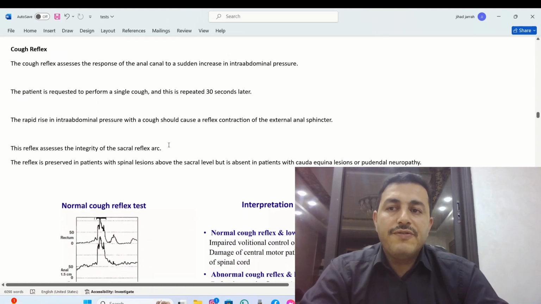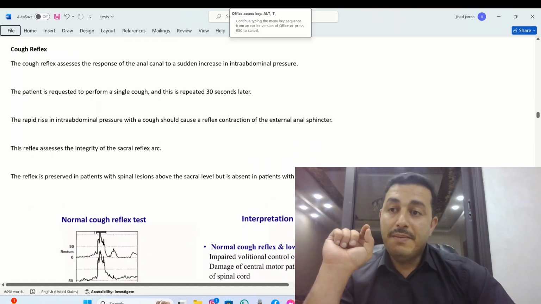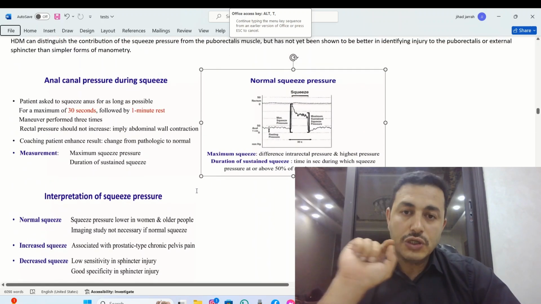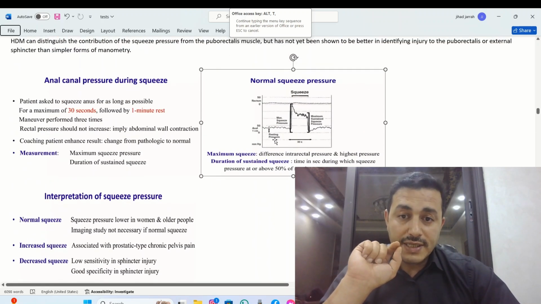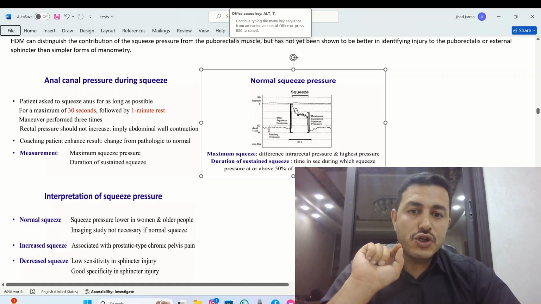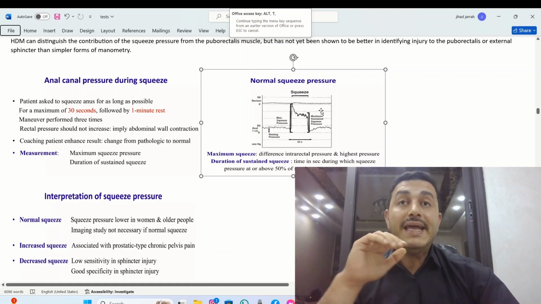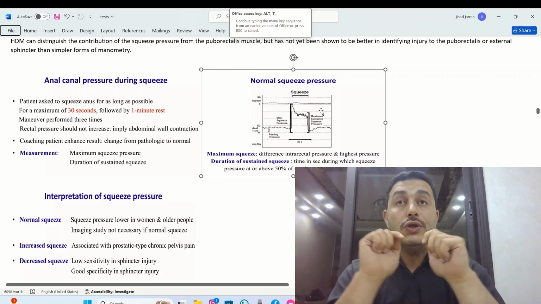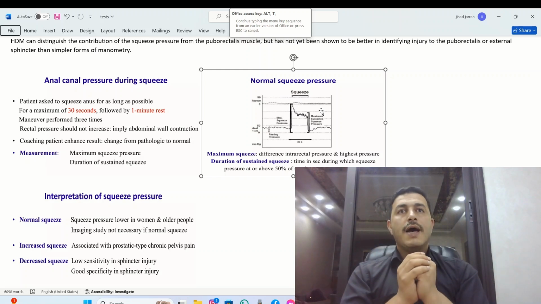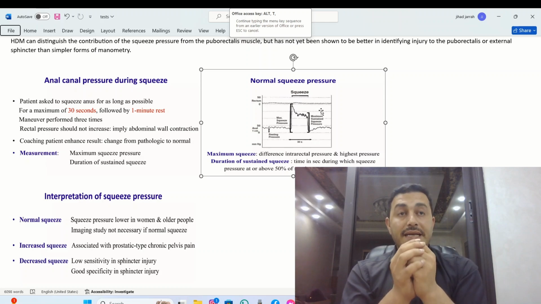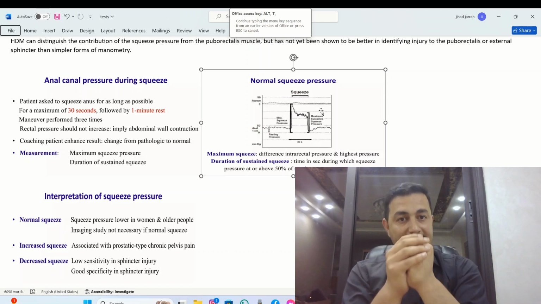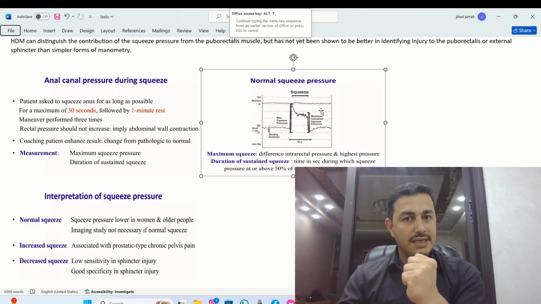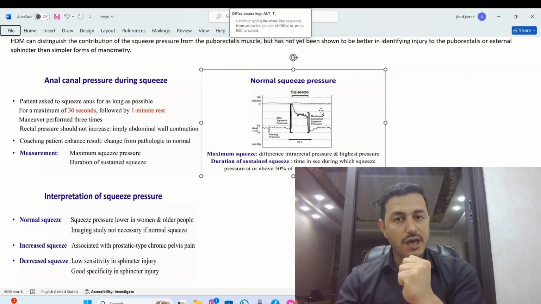Cough reflexes. Okay, before going to cough reflexes, I want to draw your attention to the fact that in the squeeze pressure, the rectal pressure remains the same and does not change. And this is logical. When you ask the patient to squeeze, it means keep the external anal sphincter contracted to maintain continence and prevent defecation.